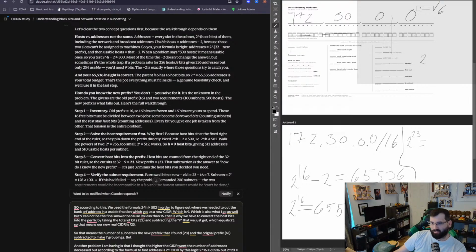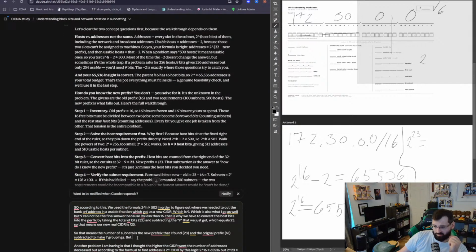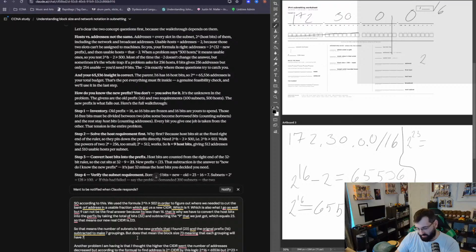But if that's the case, then I should have to do 512 divided by 7, which is 73, meaning that each grouping will have 73 addresses in it.